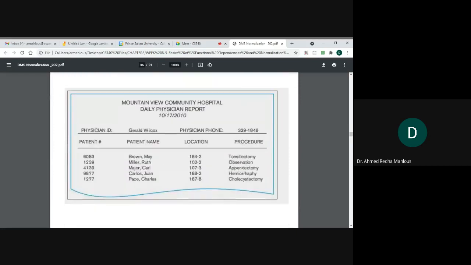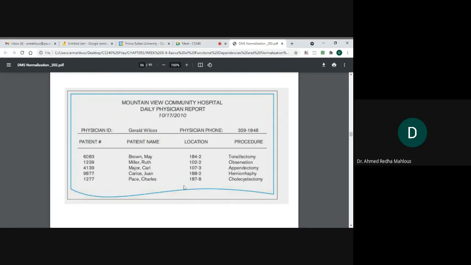Like here, for instance, this is a report. Based on the semantics of this report, I can define the relation schema. I can guess that I have a physician ID, patient name, patient number, location, and physician, which is the name of the physician, and for instance his phone number.